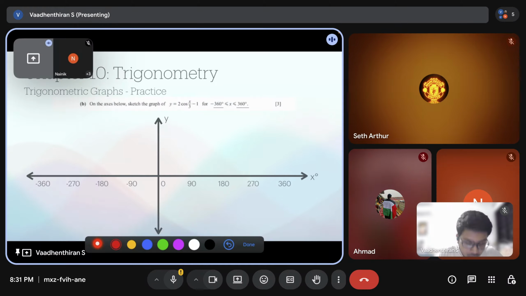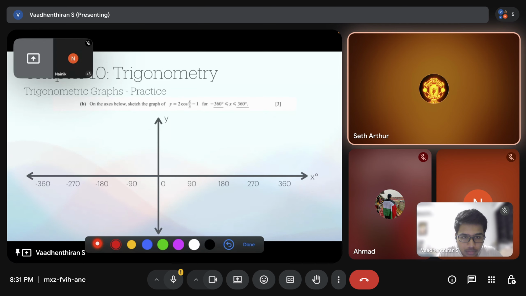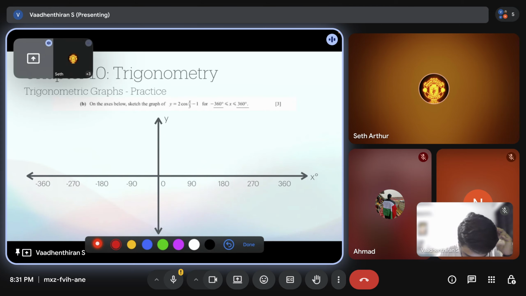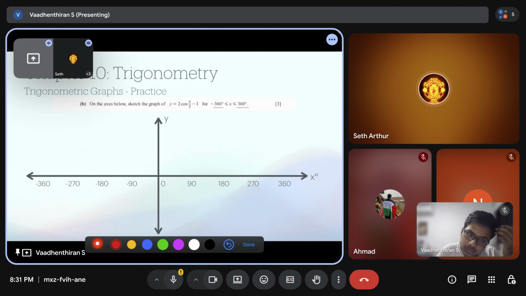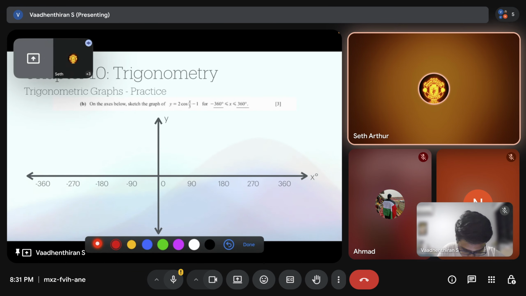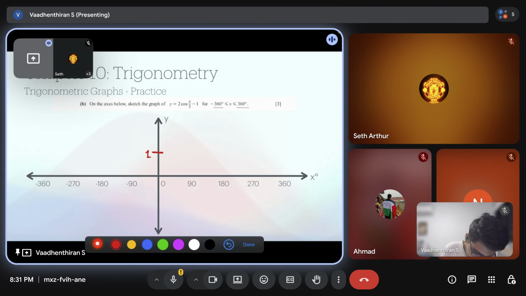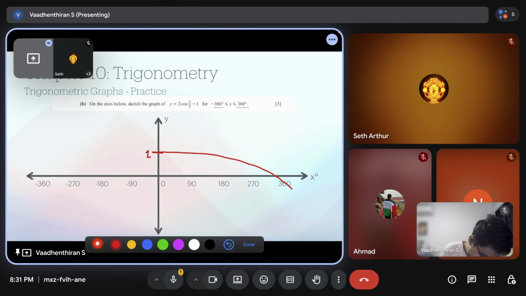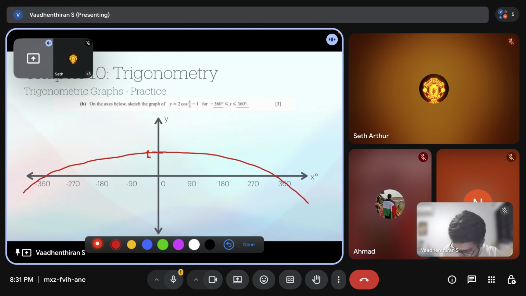Can you hear me? Did you understand why we started the graph from 0 at 1 on the y-axis? Okay. So then the graph will roughly look like this. I'm not drawing it to scale or finding the values.